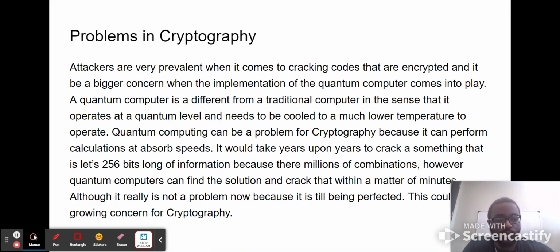What would take millions of years with millions of different combinations, a quantum computer can do in a matter of hours, maybe even a few days. It's crazy. So quantum computers can find the solution and crack it within a matter of minutes, right? Although it's really not a problem now because it hasn't been perfected. However, it's a growing concern within cryptography.